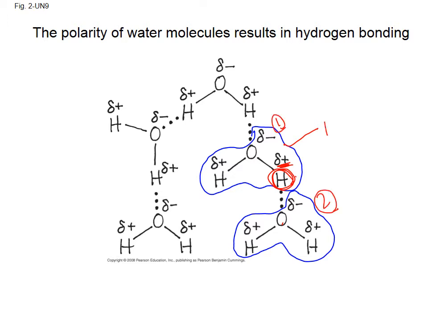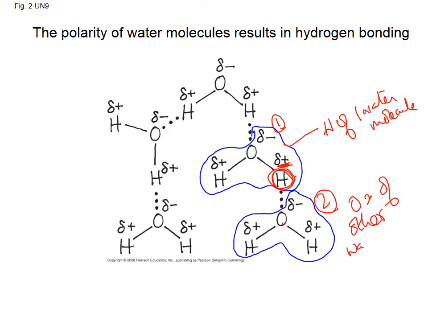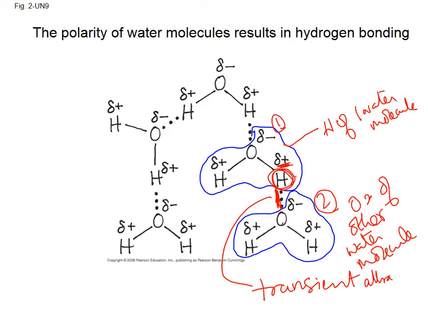So the hydrogen of one water molecule is attracted towards the oxygen of the other or neighboring water molecule, leading to a transient attraction, which is there but not there.